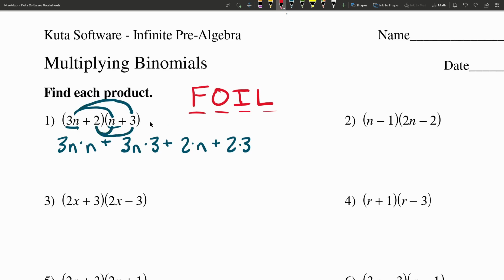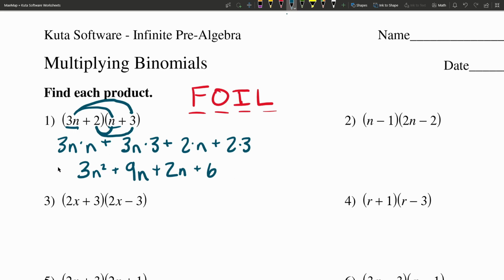Let's go ahead and work out the rest of this math. 3n times n will give us 3n squared, and we'll add that to 3n times 3, which is 3 times 3, which is 9 times n, or 9n. We're going to be adding that to 2 times n, or 2n, and then we're going to add that to 2 times 3, which is 6.